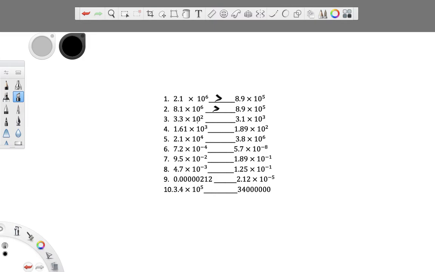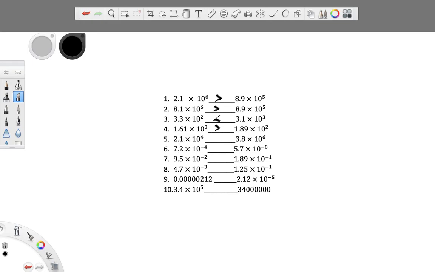3.3 times 10 to the 2, is that smaller or bigger than 3.1 times 10 to the 3? Well, 10 to the 3 is a larger power of 10. So 3.1 times 10 to the 3 is larger. So for 1.61 times 10 to the 3 and 1.89 times 10 to the 2, again, both the numbers are in standard form, so we just look at the powers of 10. 10 cubed is larger than 10 squared.